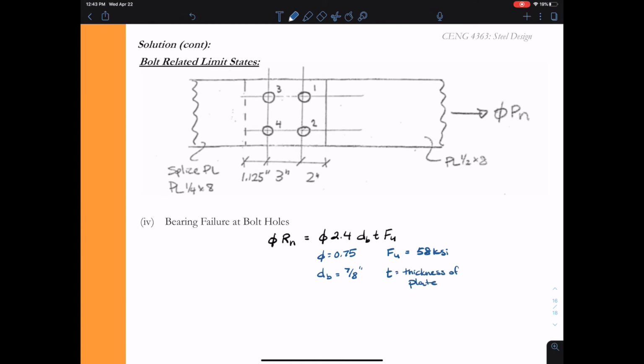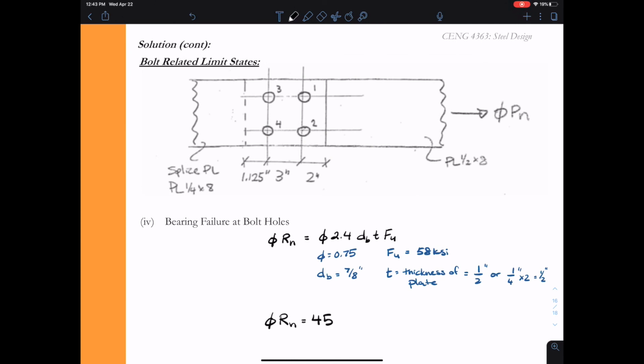T is the thickness of the plate, and we have the 1/2 inch by 8 inch member, and then we have the 1/4 inch by 8 inch splice plates. So we have to consider both of them in the design of the connection. So the thickness is either going to be a 1/2 inch or 2 times the 1/4 inch, which is also a 1/2 inch.